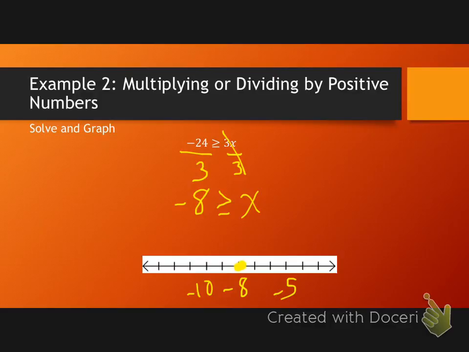And then we're looking at the numbers that are less than negative 8. Because if you read this, you always read it with the x first. So x is less than or equal to negative 8. So we're looking at the values that are going to be less than negative 8, which is going to be this side of the line.